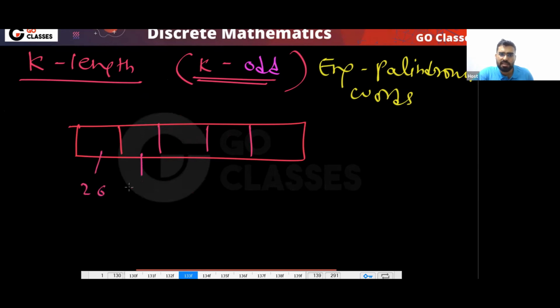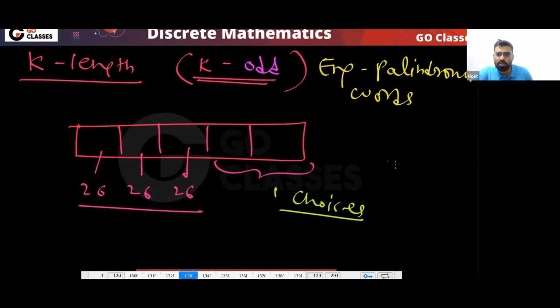Here you have 26, here 26, here 26. Here you don't have a choice, you have only one choice. So for how many positions do you have a choice? The answer is 26 power k plus 1 by 2. Correct? Yes or no? So this is the idea.